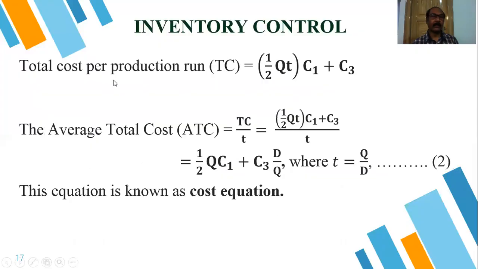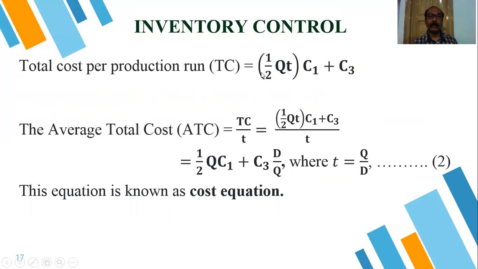The total cost per production run, TC, is our holding cost plus the setup cost per production run. C3 is our setup cost, and the total holding cost is half QTC1. C3 is the cost per production run. So this is our total cost.